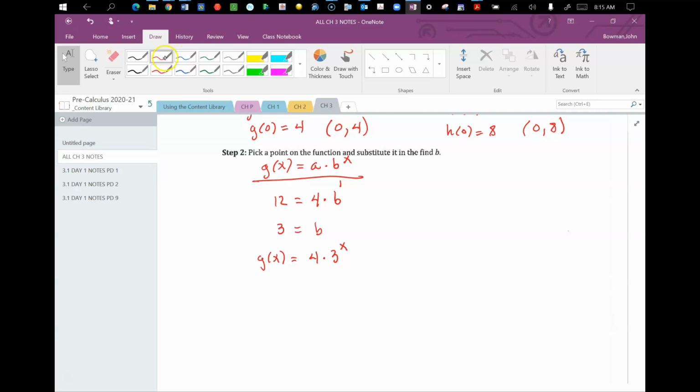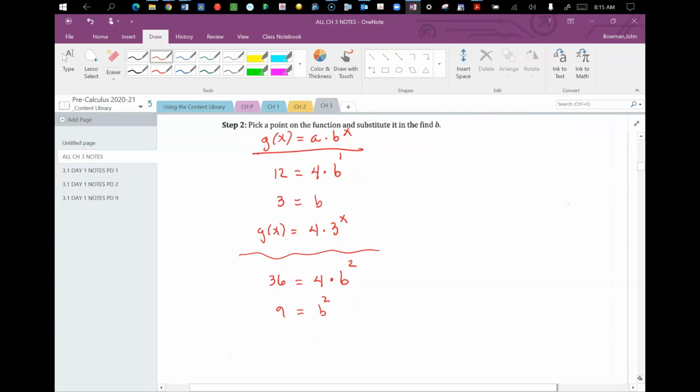So we'll do another example here. We've got our function, of the form 4 times b to the second, because when x is 2, g is 36. So we are going to divide both sides by 4 and get b squared is equal to 9.